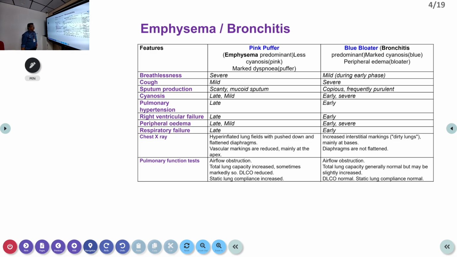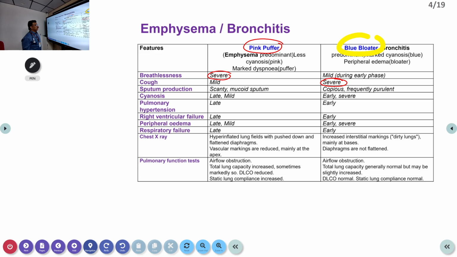Now, if you want to know further, emphysema is known as the pink puffer, and bronchitis is called the blue bloater. In emphysema, breathlessness is severe, whereas in bronchitis it is mild. Cough is severe in bronchitis because it's inflammation of the airway.